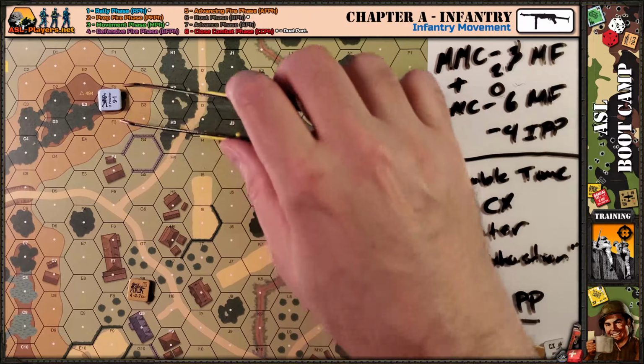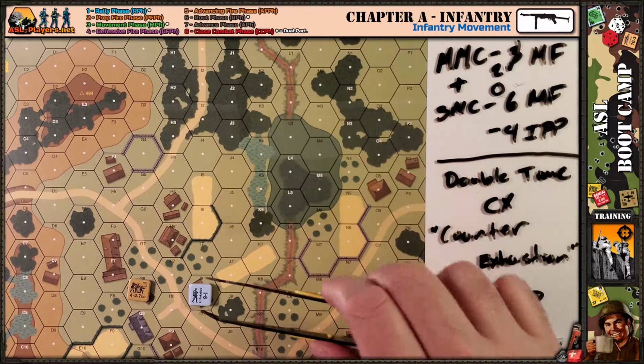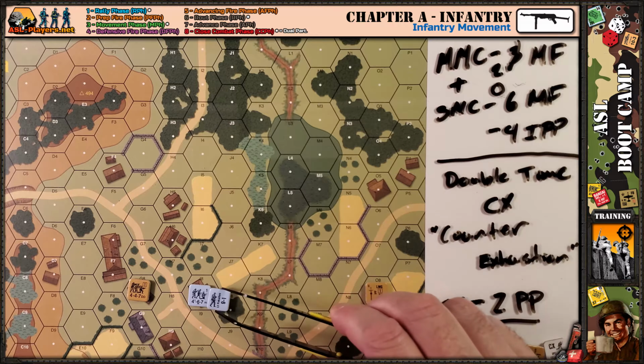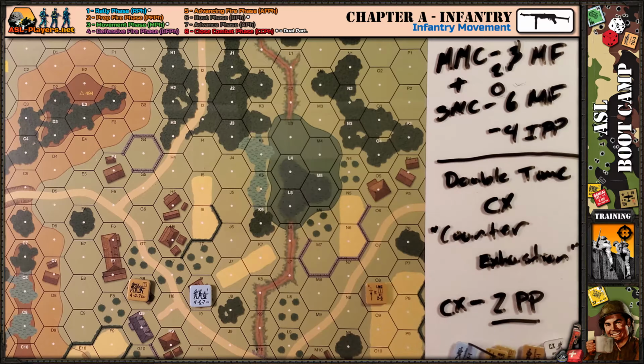So that's the reason why you'd want to use assault movement, and you have to make sure that you are moving into terrain that allows you to not exceed your current movement factors, either stacked with a leader or by your lonesome.